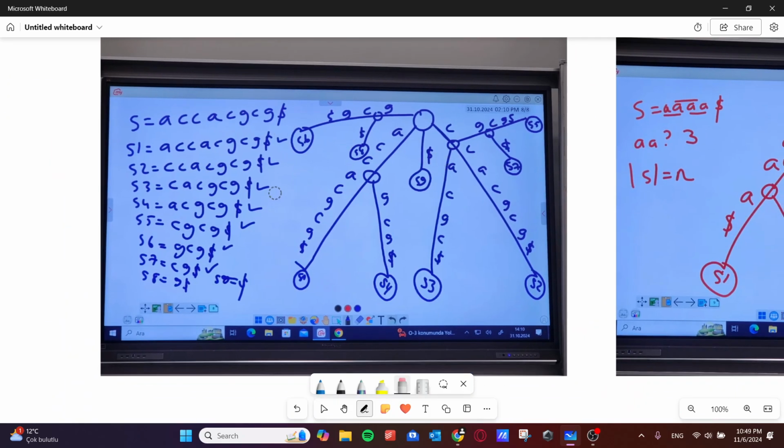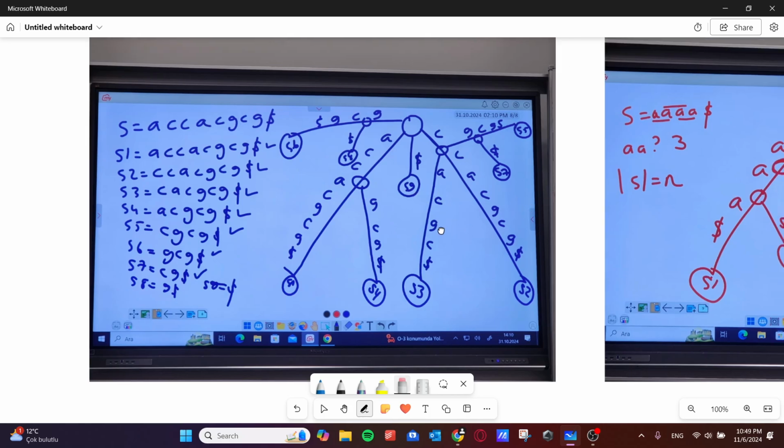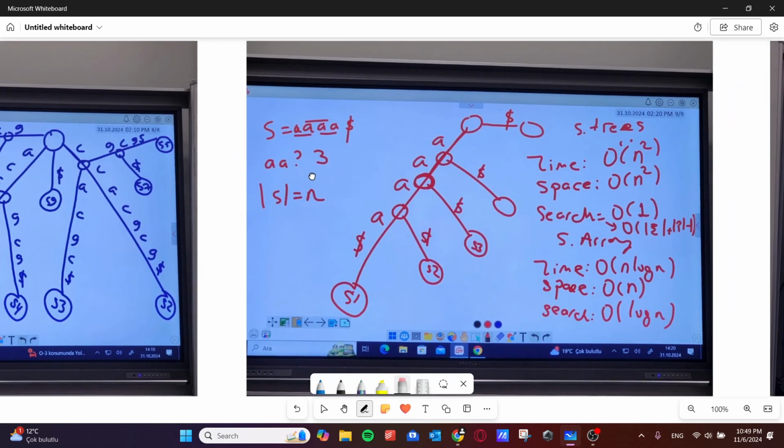Here we have the one that was asking what is the most repeated character, and the longest string that repeats itself. Okay, I've explained it.